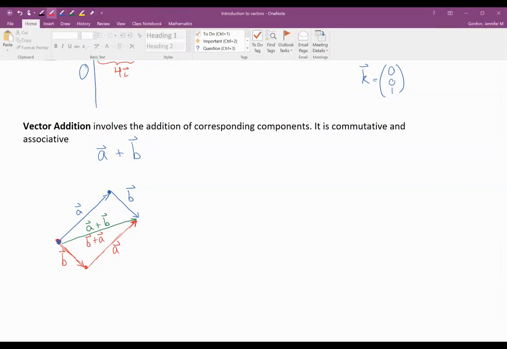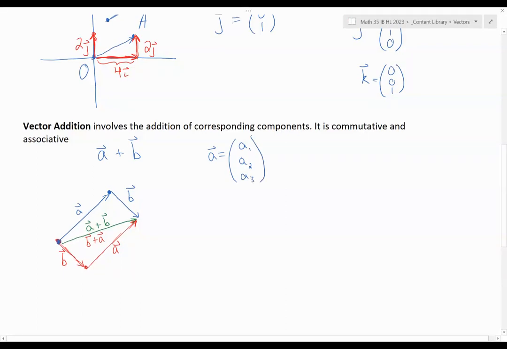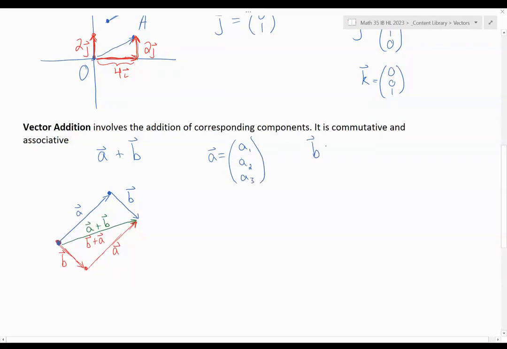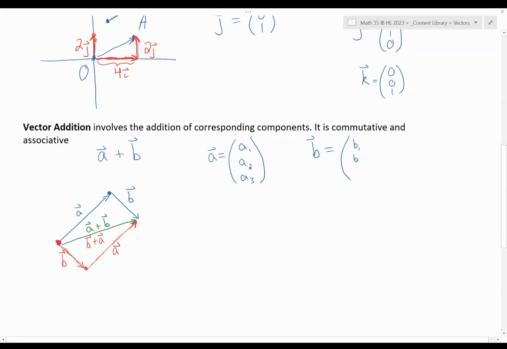So that's vector addition. What that means is, let's say vector A was equal to A1, A2, A3. So let's say we have a three-dimensional vector. So those are the three components of A. And vector B, also a three-dimensional vector. If vector B was just a two-dimensional vector, then that just means I have a 0 in the third dimension. So B1, B2, B3.